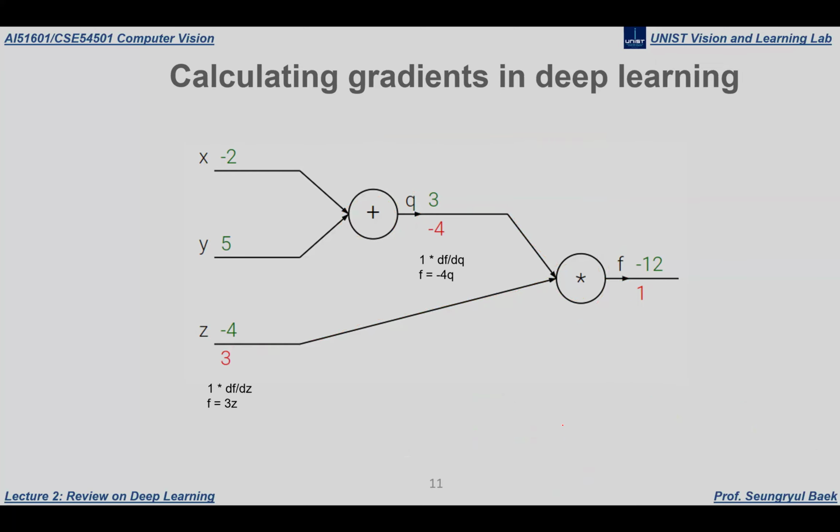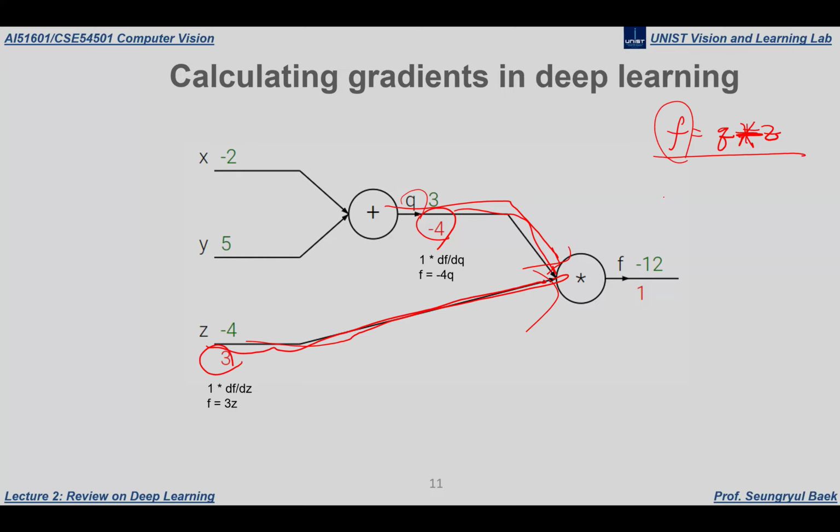And in that backpropagation algorithm, we first calculate the gradient for the node that is closest to the final node, okay? And now we see this formula. So this is the intermediate node Q, and this is Z, and they are combined via multiplication, okay, to output the F, okay?